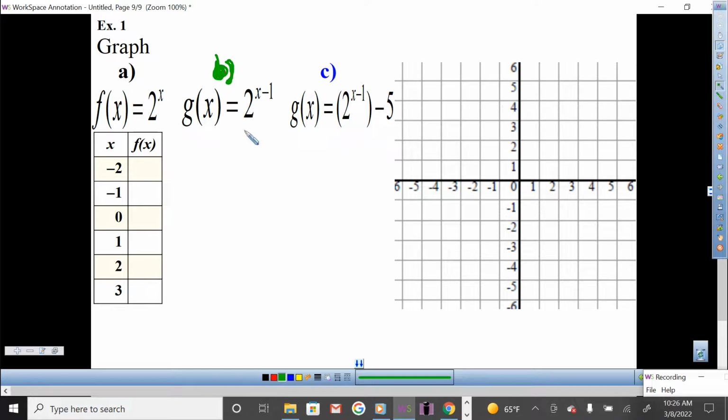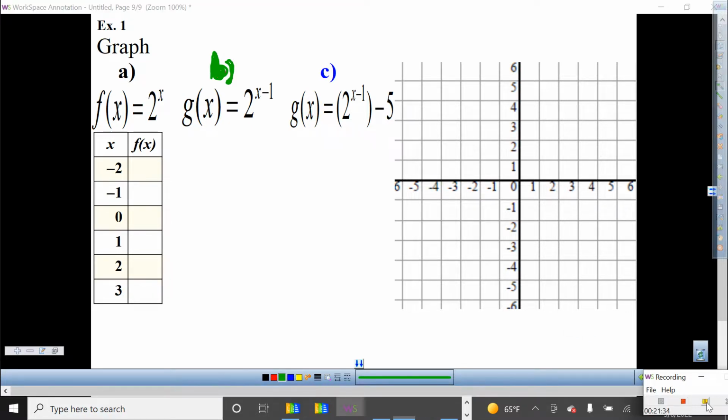So example 1 says graph. Part A, f of x equals 2 to the exponent of x with the table here. Domain from -2 to 2. Part B, g of x equals 2 to the exponent of x minus 1. C in blue is g of x equals parentheses 2 to the exponent of x minus 1, close parentheses, minus 5. Get a coordinate plane from -6 to 6. I'll give you some time for that. Set it up, please. Copy and go.